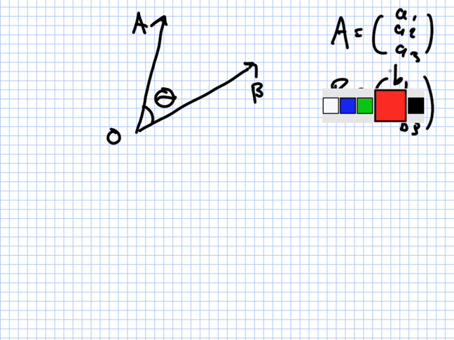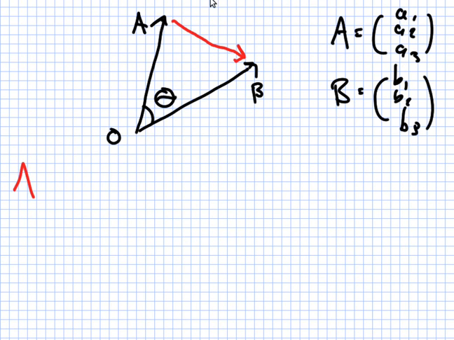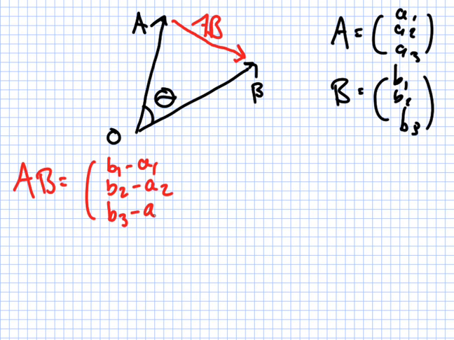So it is possible to know what this vector is that completes the triangle. This is the vector AB. So the vector AB is B minus A, so that would be B1 minus A1, B2 minus A2, B3 minus A3.